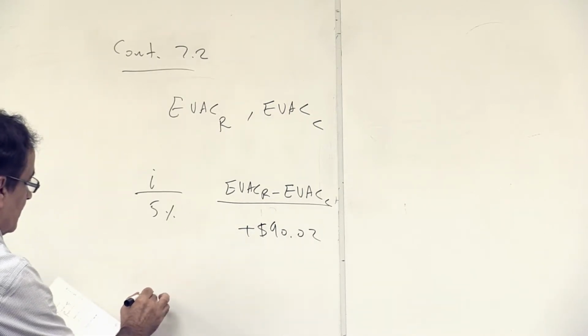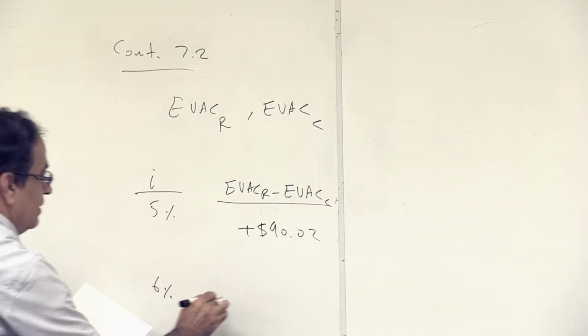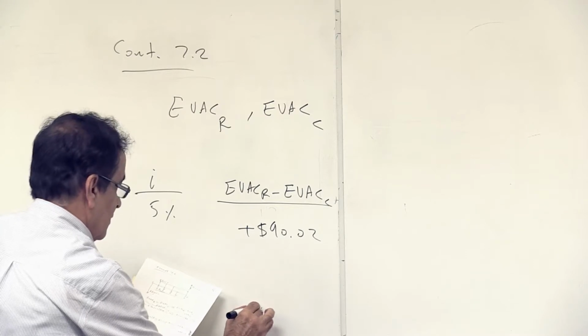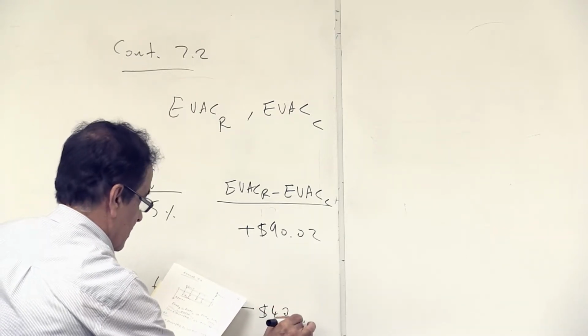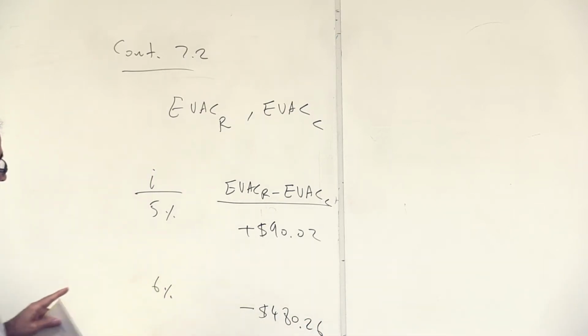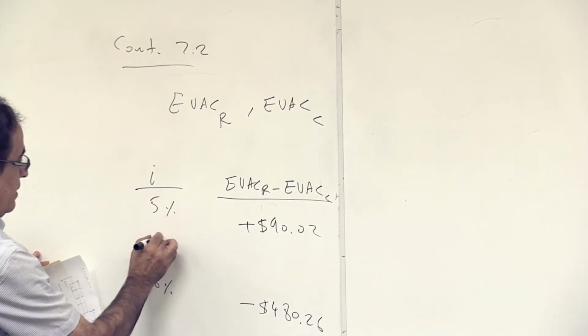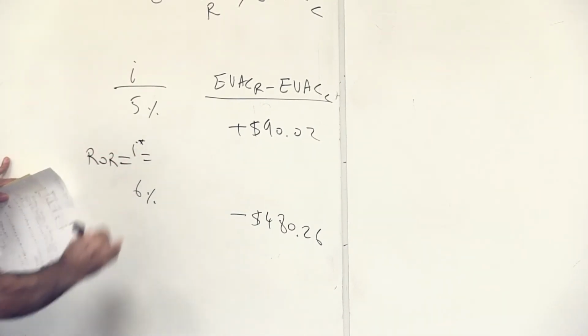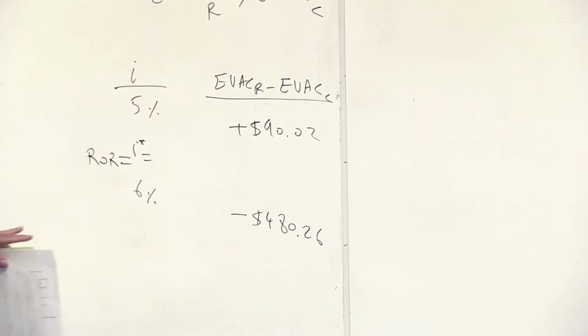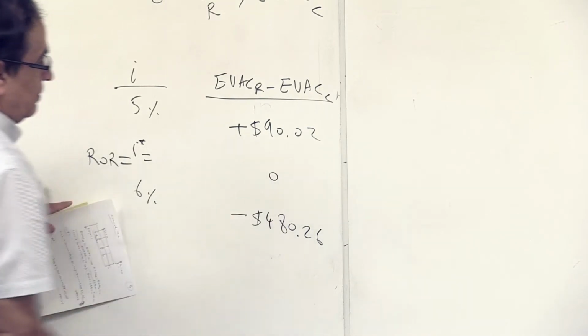For i equals 6%, it was a negative $480.26. We are trying to find an i, which I call i star, your rate of return, ROR, that makes this equation equal to 0.